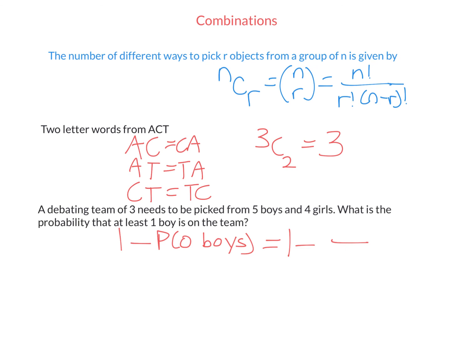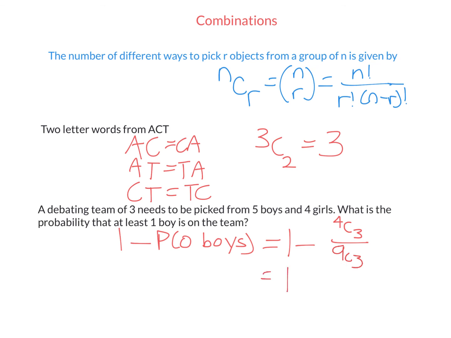How many different ways could I pick 0 boys? Well, I'd be choosing all 3 people as girls, and there are 4 girls to choose from. The total number of ways to pick 3 people from a group of 9 would be 9C3.